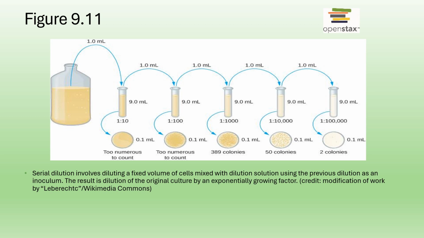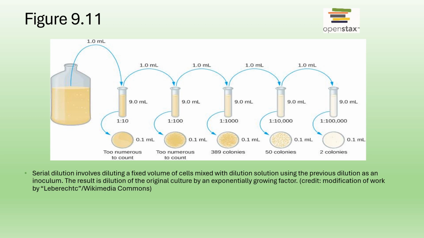And now you're going to do another 1 to 10 dilution. 1 ml into 9 mls. 1 times 1 times 1 is 1. 10 times 10 times 10 is 1,000. And you keep doing this out until, as you see, this last tube here is 1 to 100,000. This will be explained, don't panic, it will be explained in more detail, and I'll work through it a little bit slower with you in lab.